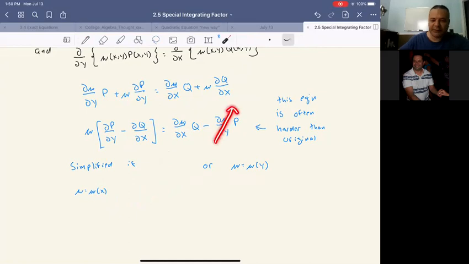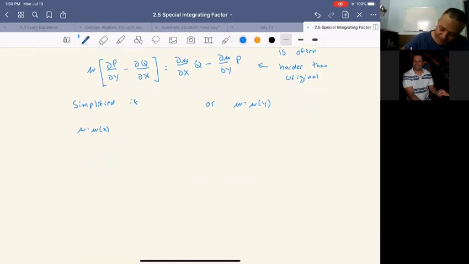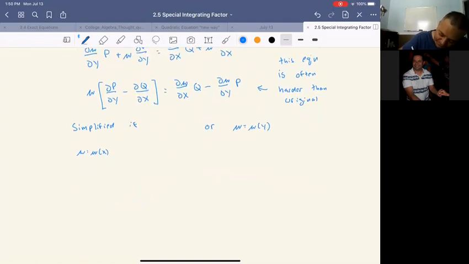This is going to be 0, right? And we have the equation partial mu with respect to x equals mu times partial p with respect to y minus partial q with respect to x, divided by q. We could solve that.